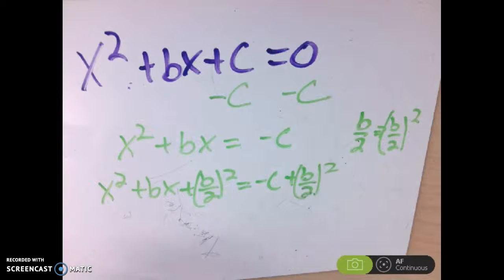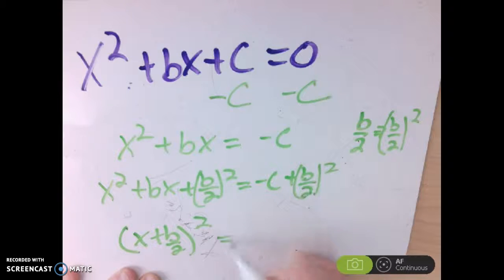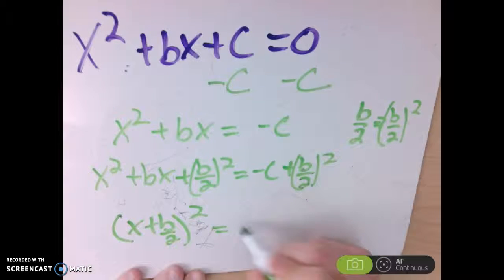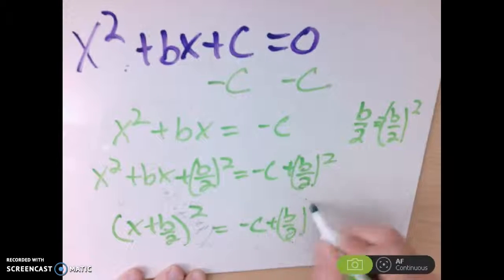So if we've been practicing with our factoring, this is a perfect square trinomial. And so what that means is I could reduce this down to x plus b over 2 squared equals my negative c plus my b over 2 squared.